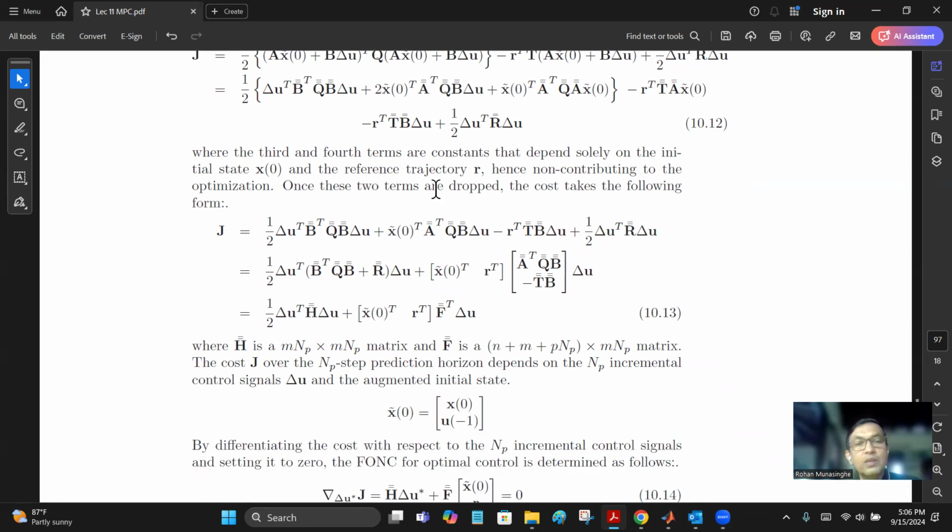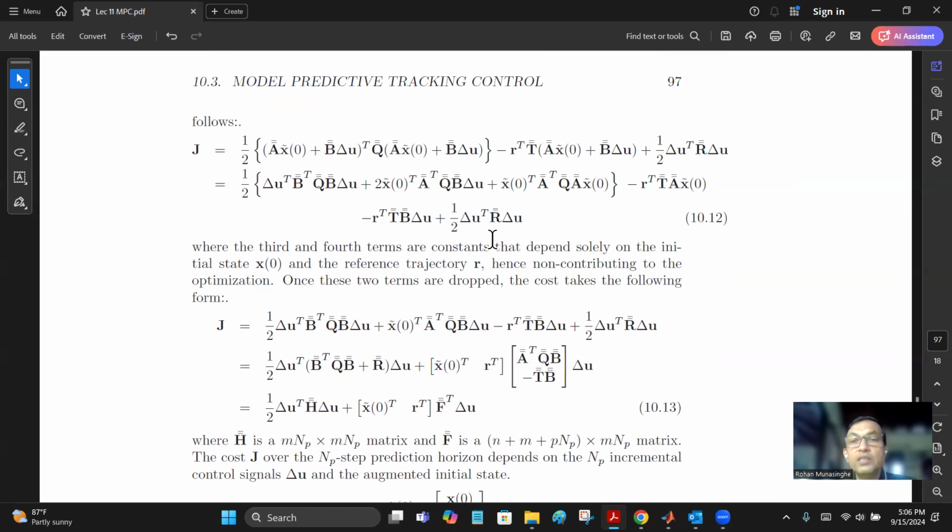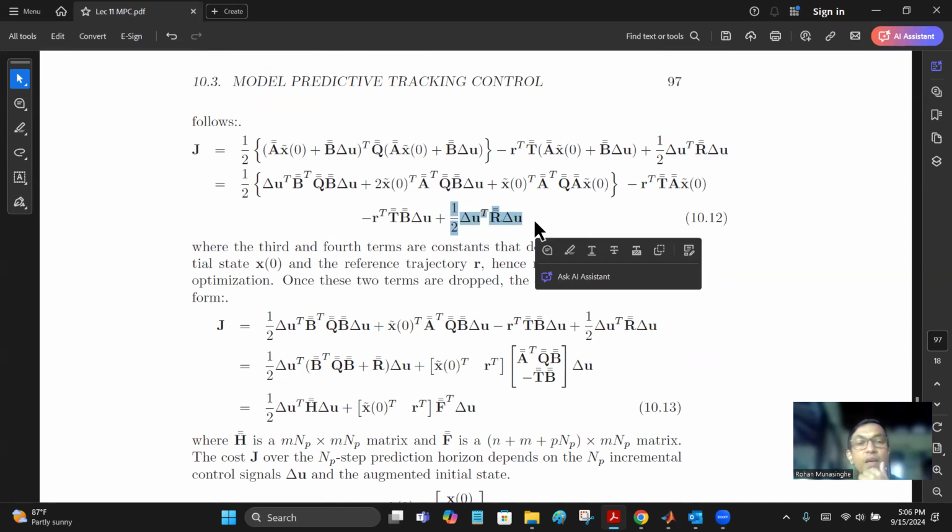You follow this sequence, and eventually you get into this format: half delta U transpose B double bar transpose Q double bar B double bar plus R double bar delta U. So this is the delta U and U combination. You can see it over here, this term.